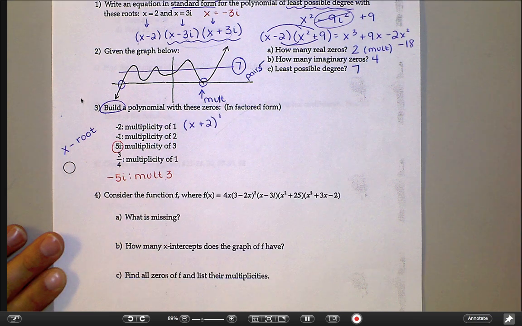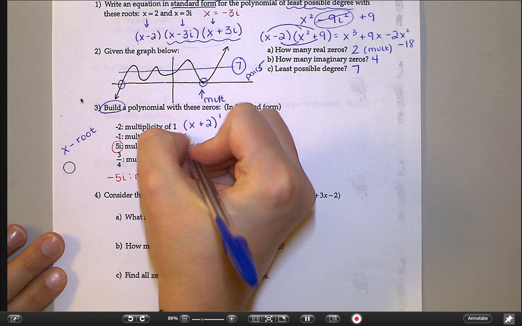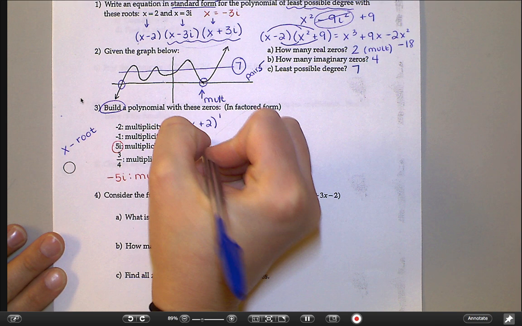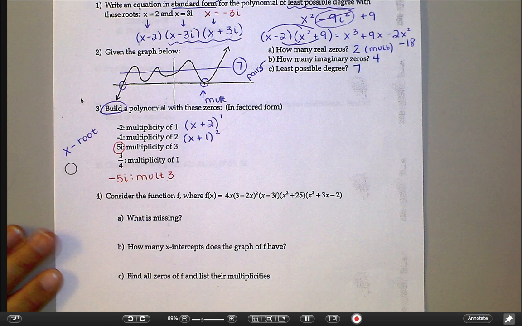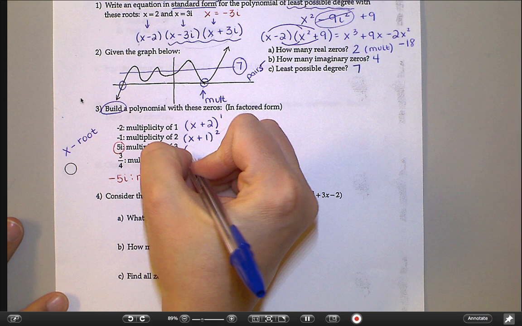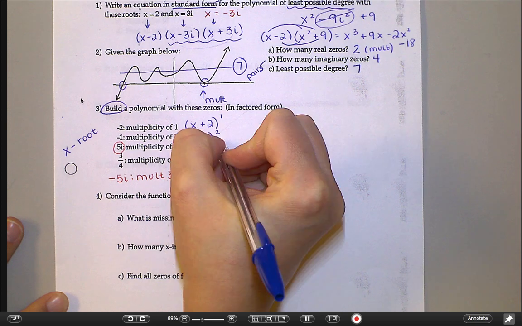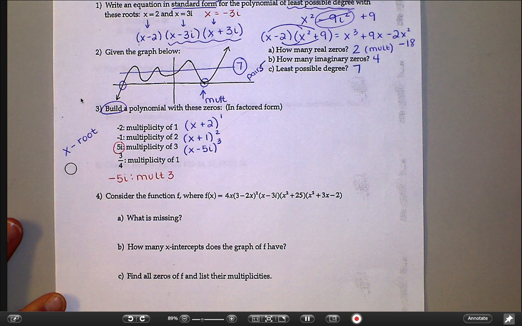Multiplicity of 1 means it has a power of 1. x minus negative 1 would give me x plus 1. Multiplicity of 2 means I have 2 copies of that. 5i would be x minus 5i. Multiplicity of 3 means power of 3.